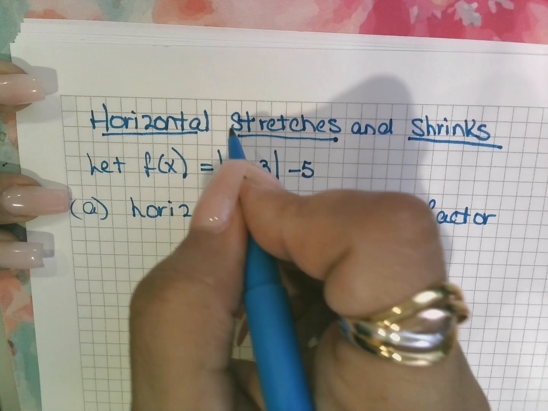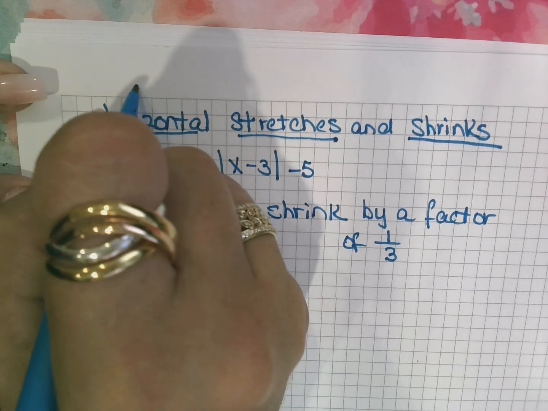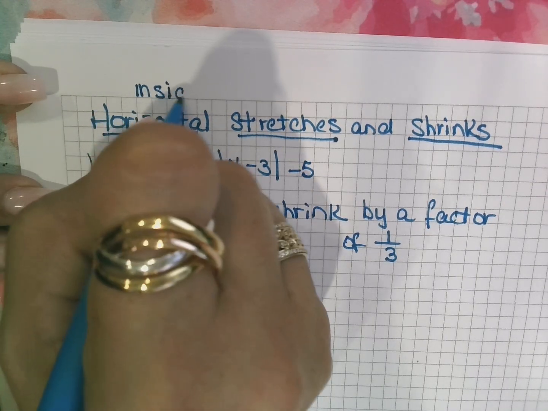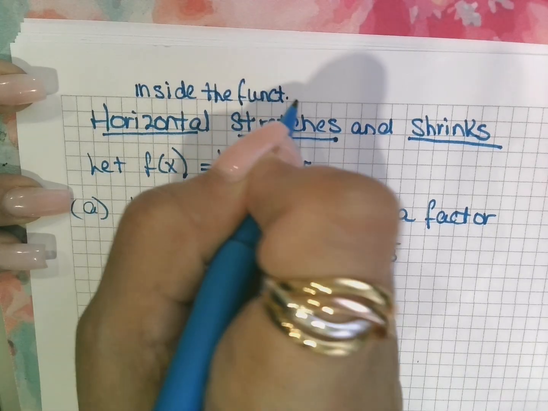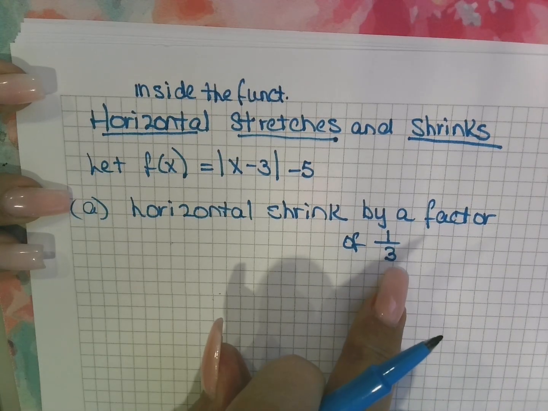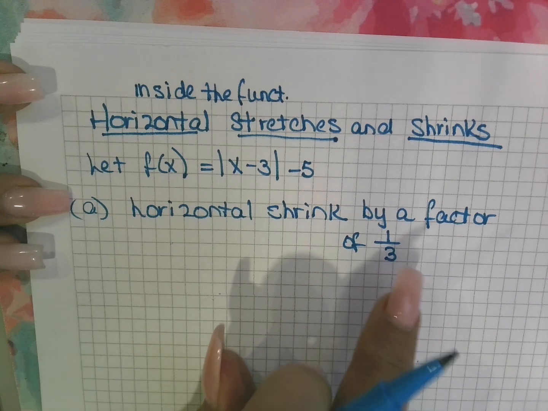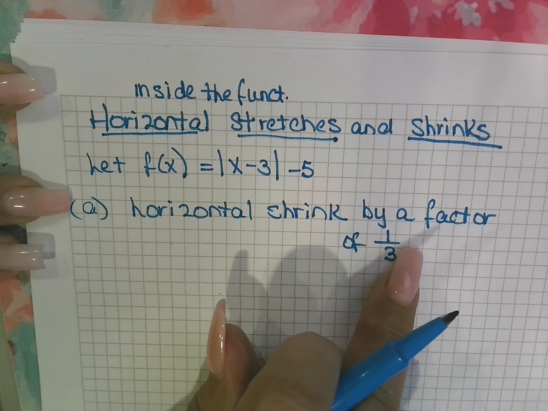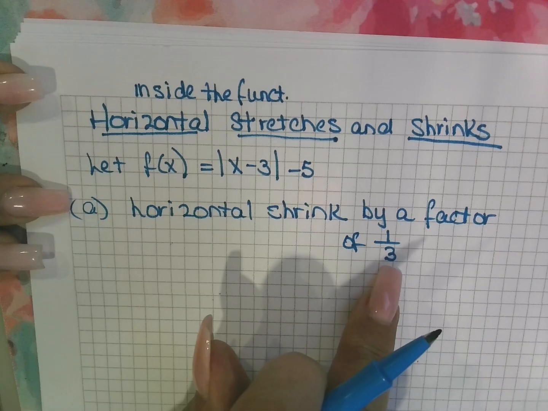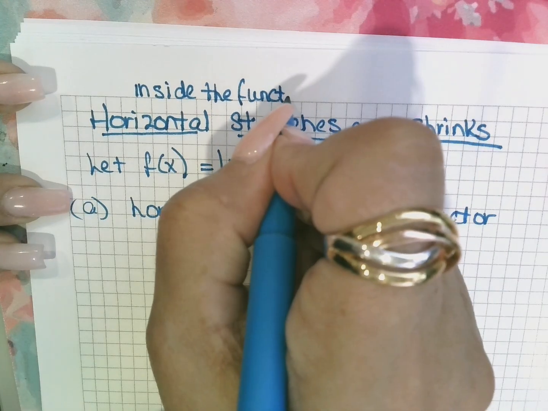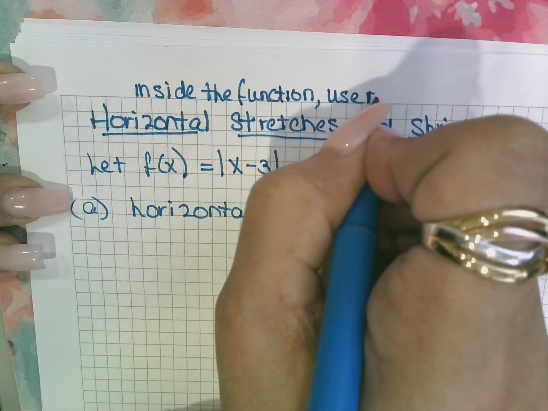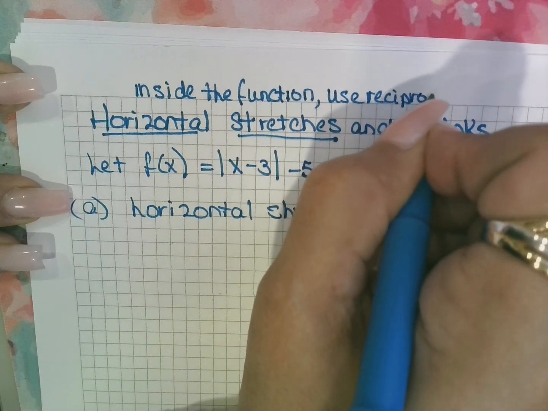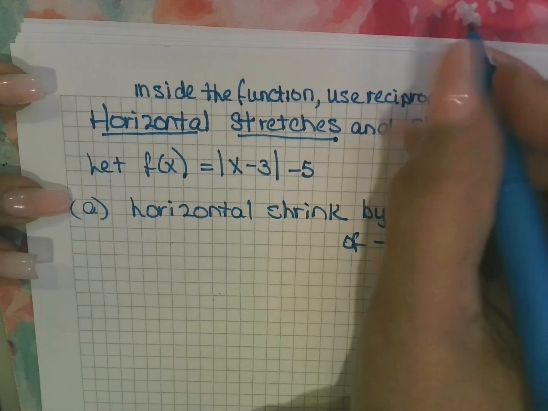They occur inside the function. And instead of using the factor that they give you, we use the reciprocal. So the reciprocal of 1/3 is 3. So not only is it inside the function, but we use the reciprocal of the factor.